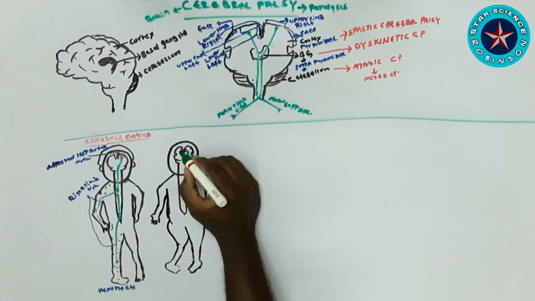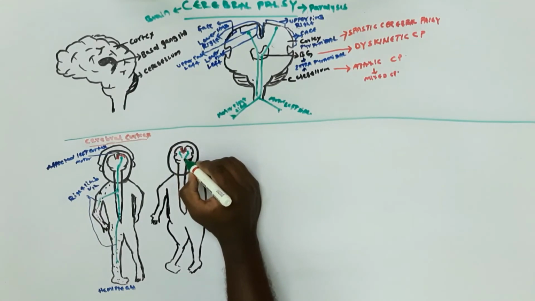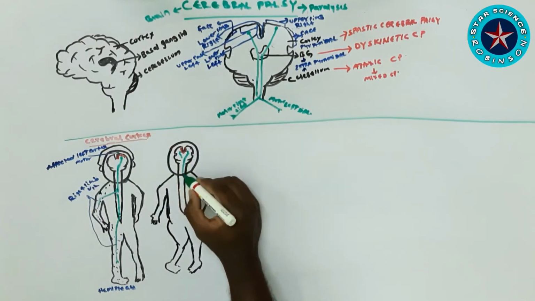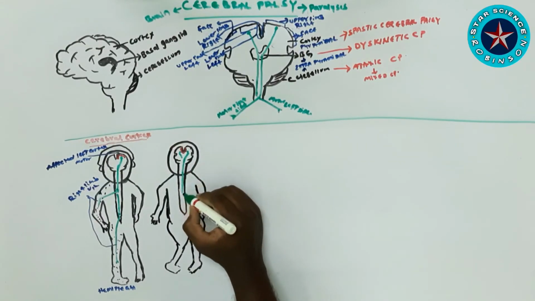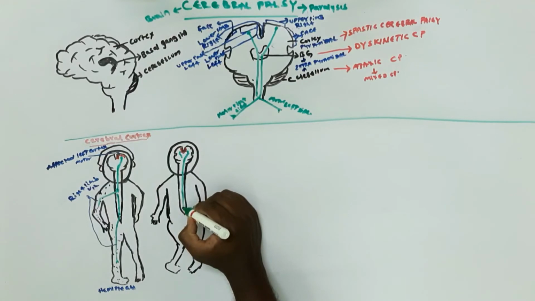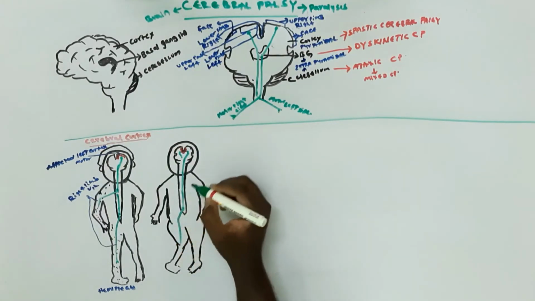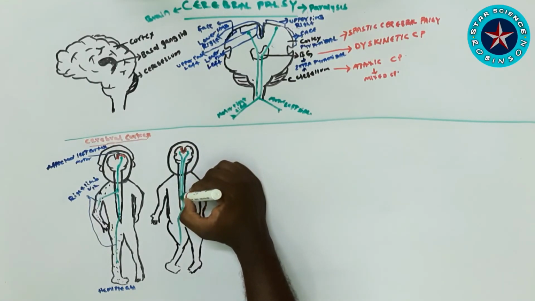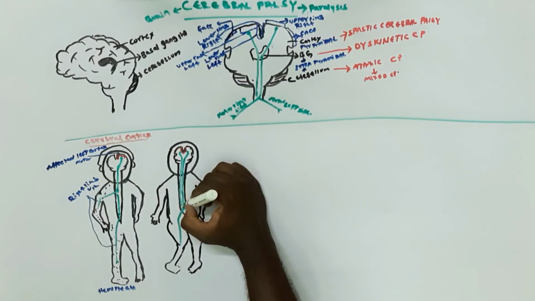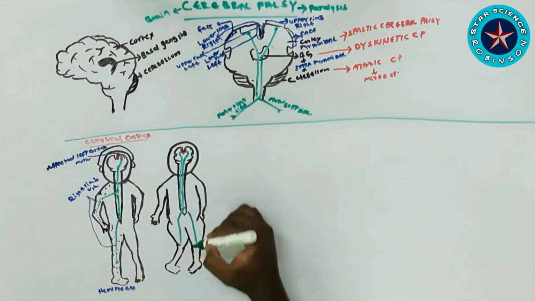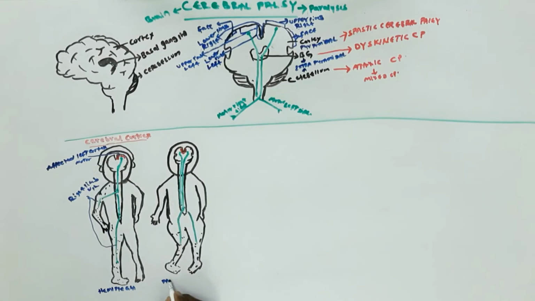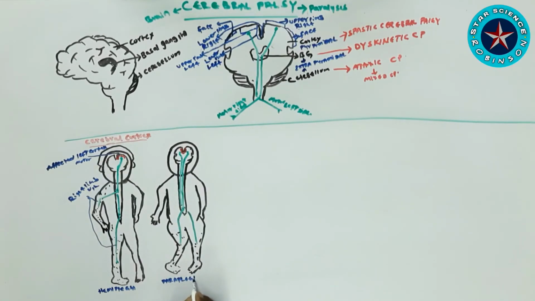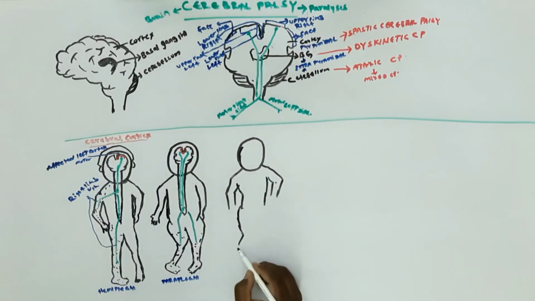Here in this patient, both sides of the medial cerebral cortex are affected, so both lower limbs will not work properly, because the left and right medial cortex regions have been affected, and the information will not pass down to the lower limbs. The lower limbs will be stiff. This type of patient is called paraplegia.